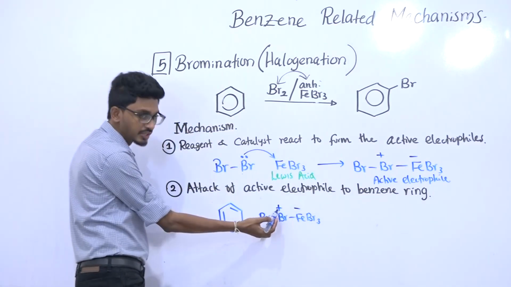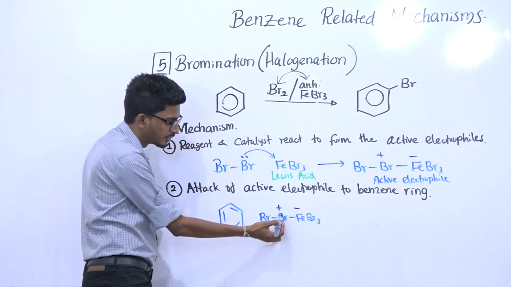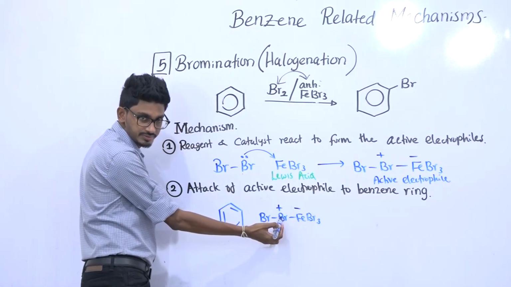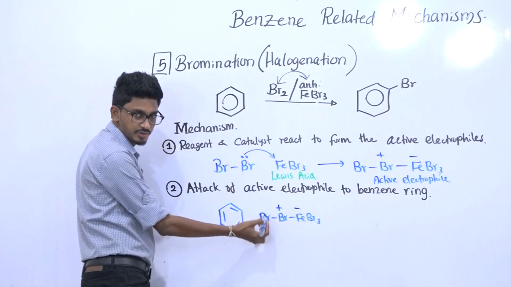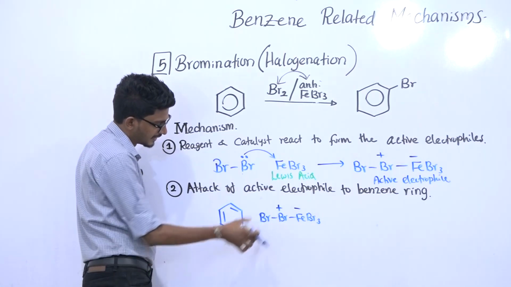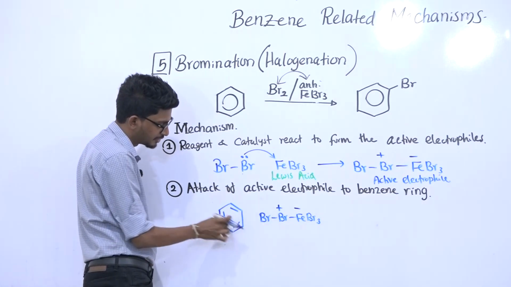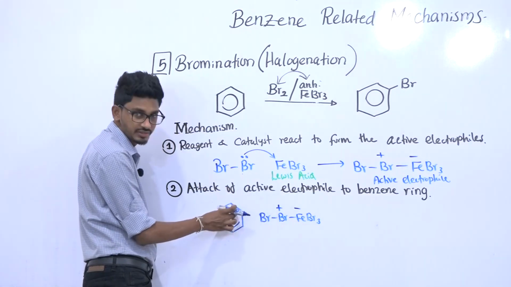As this is positive, the electron density of this bond will greatly attract towards this bromine, as it is electron deficient, so that this bromine gets a delta positive charge. Some electron deficiency, so it prefers the electron rich area of the benzene ring. So this guy is attracted to the ring.